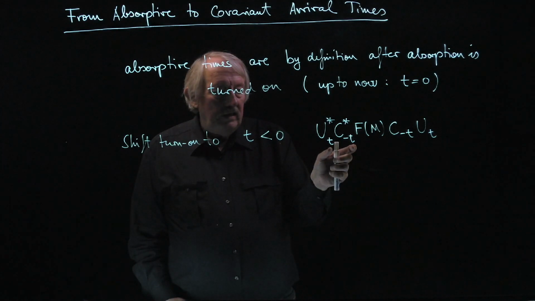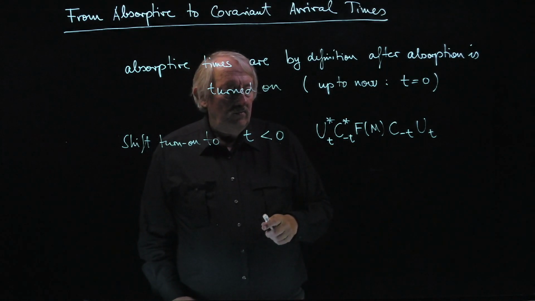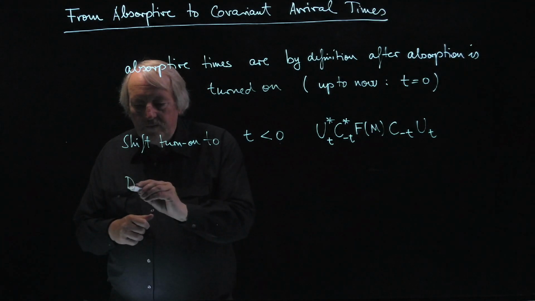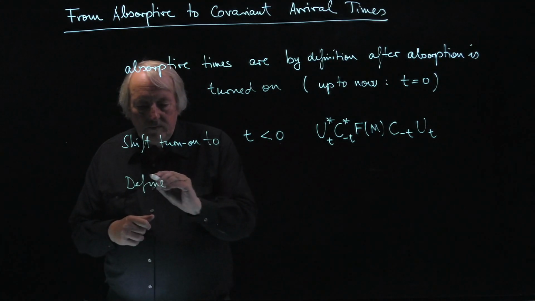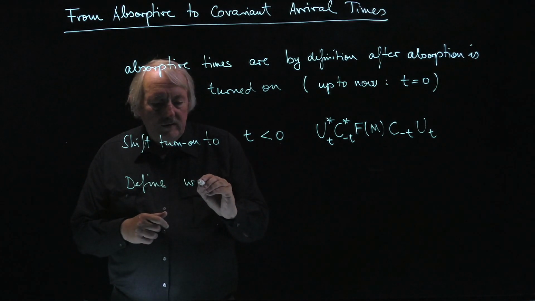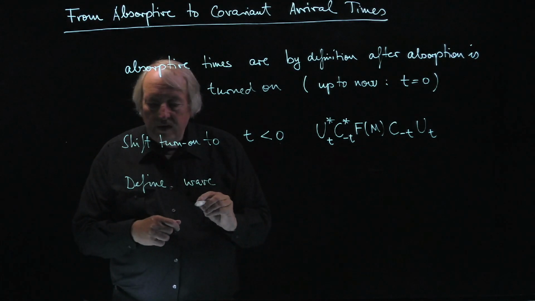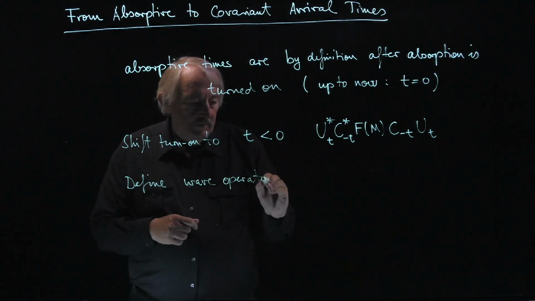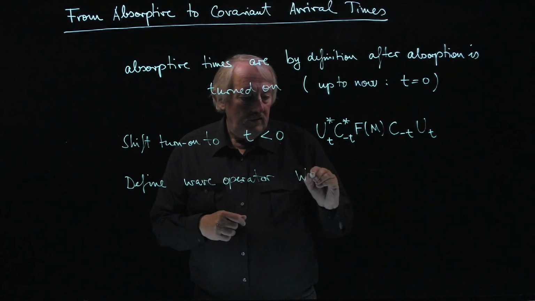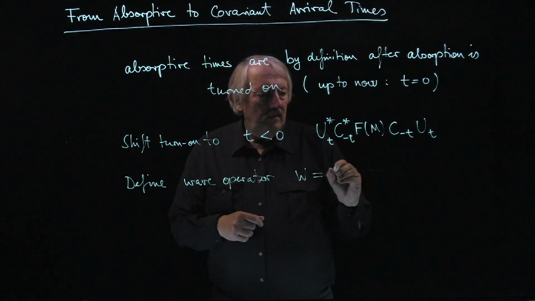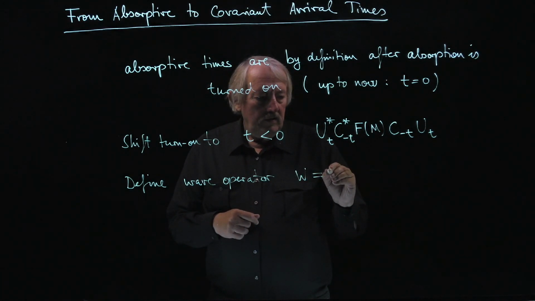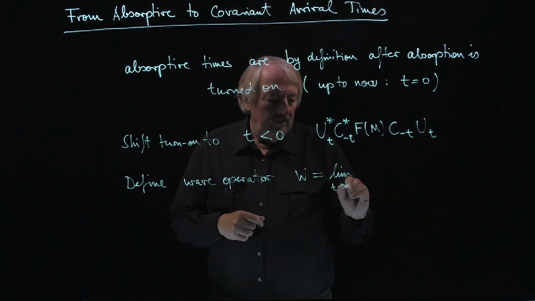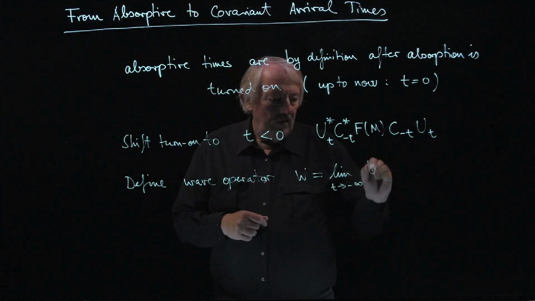to evaluate at large negative t, right? So we define the wave operator. That's what they call it in scattering theory. Maybe W is convenient. So this is the limit as t goes to minus infinity of this guy.